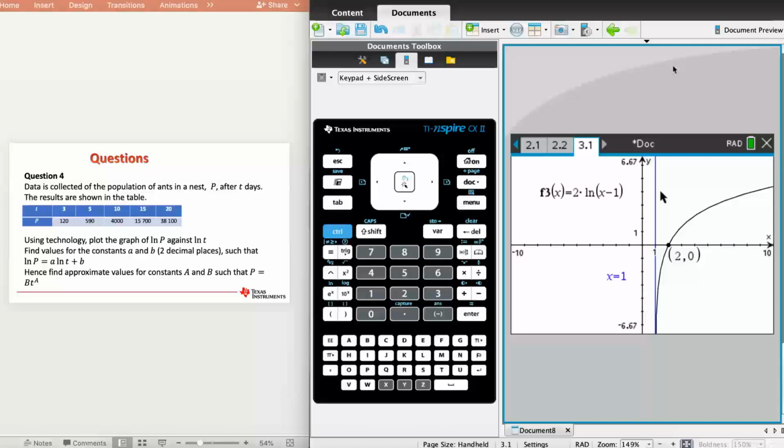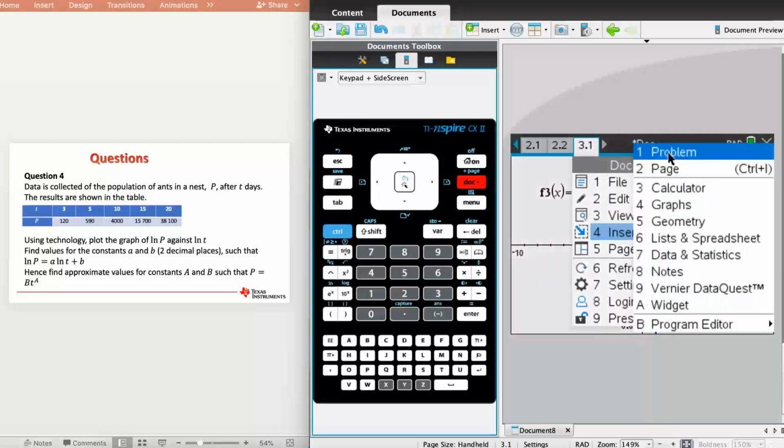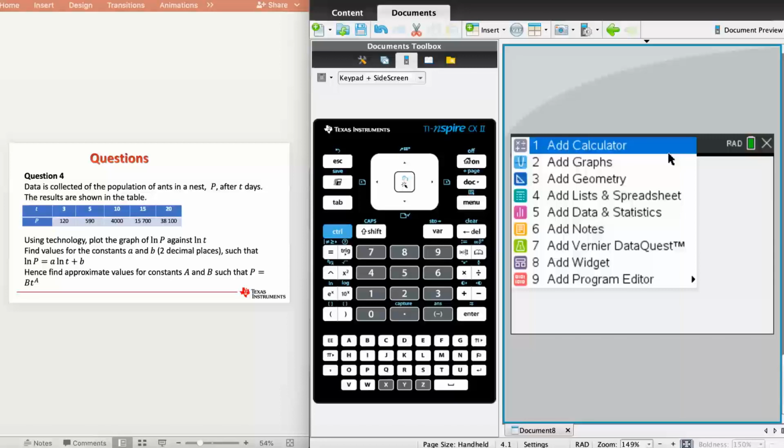So let's start a new problem. So doc, insert problem. Because I'm going to start with my table of values, I'm going to start by inserting or adding a lists and spreadsheets page.